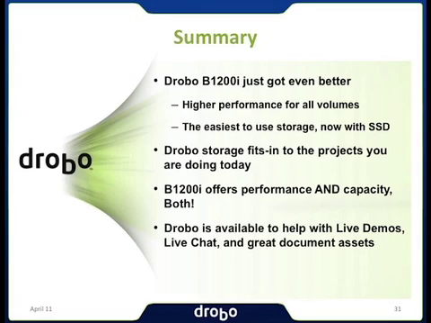This ESG Lab Validation Report that we've worked on is focused around a cluster of VMware servers using the ability to do multipathing across multiple ports to the Drobo B1200i, using jumbo frames for a switch environment that can support that, and running workloads like Exchange 500 mailboxes, like OLTP applications for a SQL database that might be there, and file server and backup writer and some other things like that.